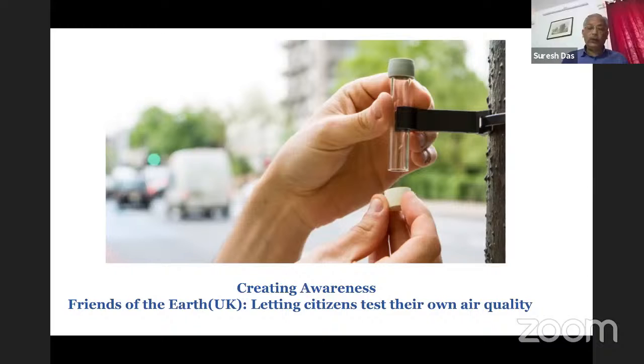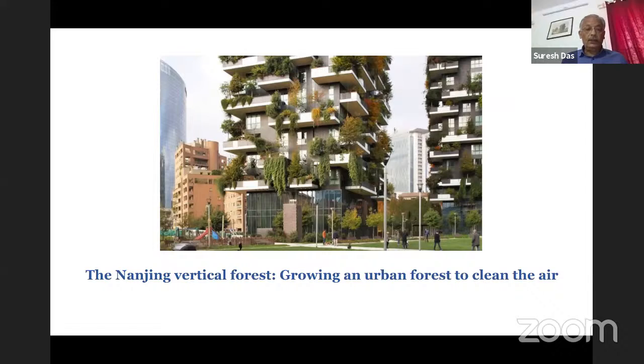This is one way of getting into society and acting upon your core interest, your passion, which is the science of toxicology. All over the world we are seeing some fantastic efforts to bring about cleaner air through urban forests. These are also areas where many of us would be able to contribute.